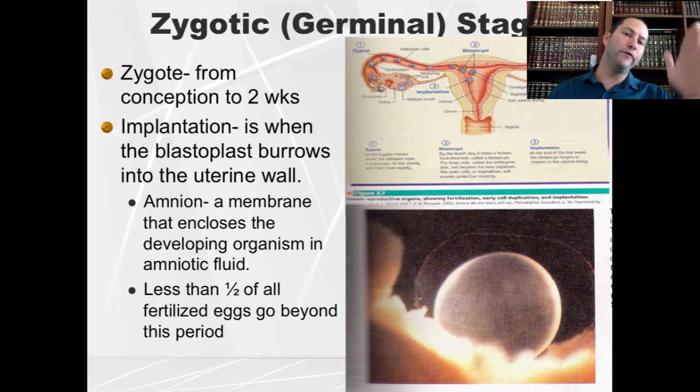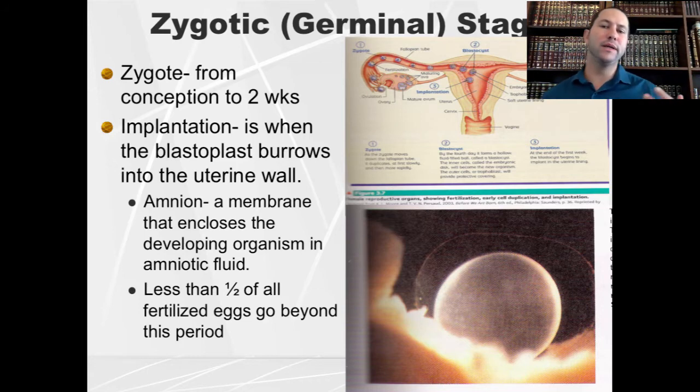So now moving from conception, here are the developmental stages with prenatal development, right? So the first stage is called the zygotic or germinal stage. That's from conception to about 2 weeks. And probably the most dangerous mission of this developing child happens in the zygotic stage, and that is to latch itself onto the uterine wall.